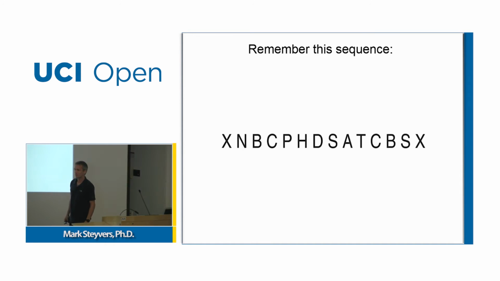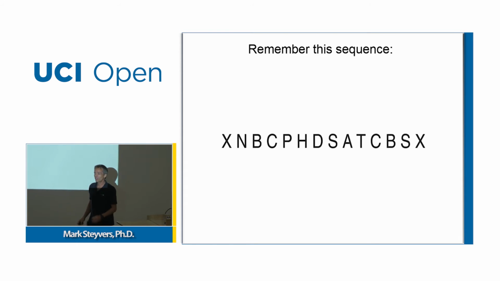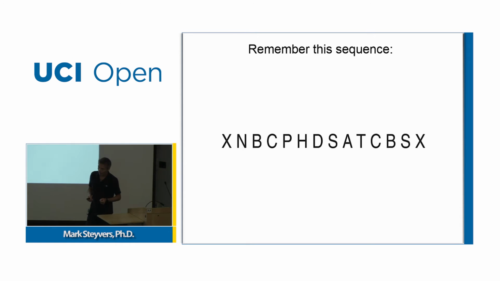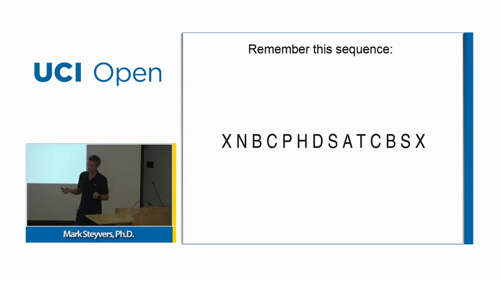Very good. So you probably didn't encode the individual letters, right? So what is your strategy? I just chunked it because NBC and CBS, those are television networks, PhD, degree, SAT, that's a test, and then just the X at the end, kind of like block it almost. Have you seen this slide before? No. Very good. Yeah, this is very quick.